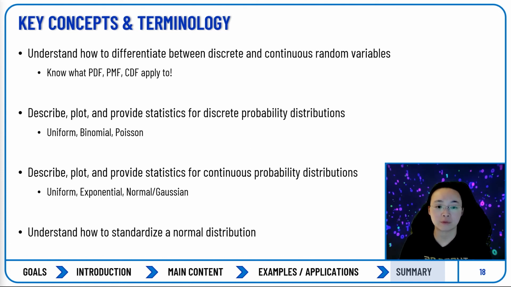We learned about different ways of describing, plotting, and providing statistics for discrete probability distributions, specifically the uniform, binomial, and Poisson distributions. We did the same for continuous probability distributions, and we focused on the uniform, exponential, and the normal Gaussian distribution. And of course, we do want to understand how to standardize a normal distribution as well. So those were the key concepts from this chapter.